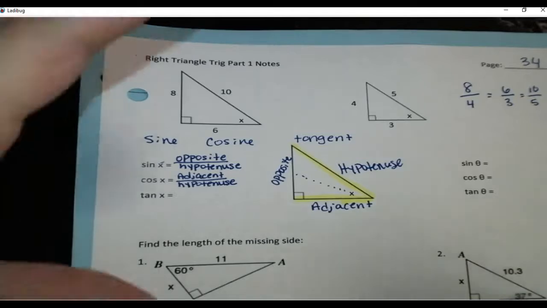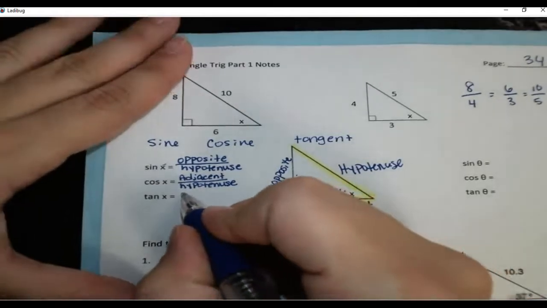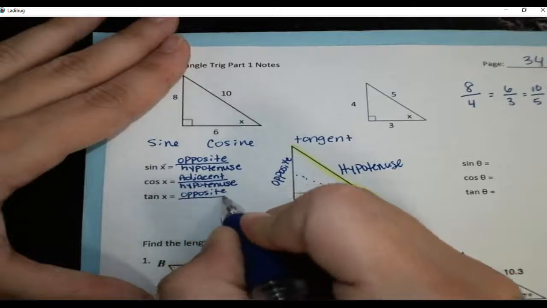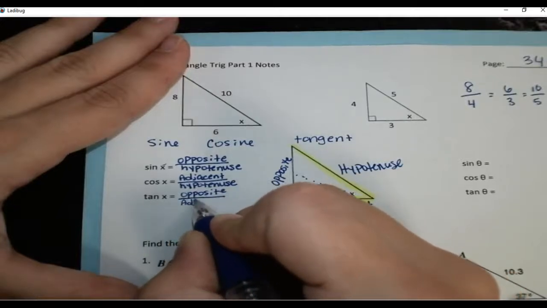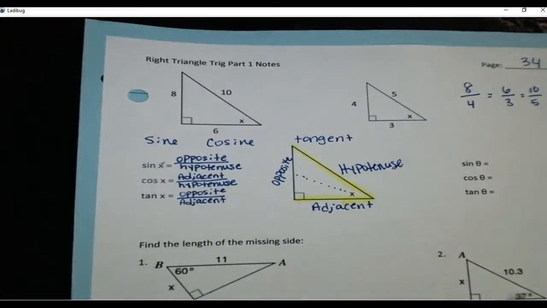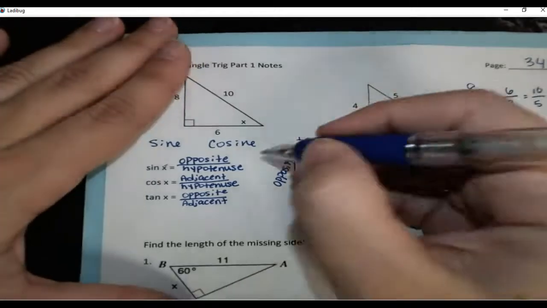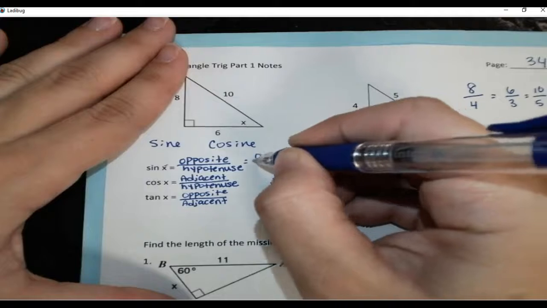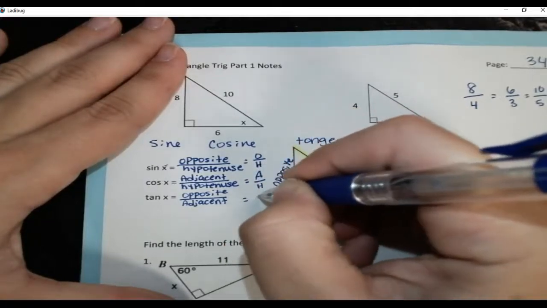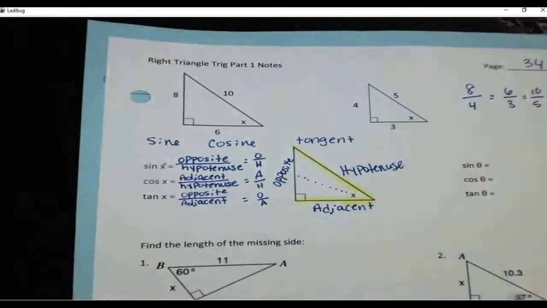And then tangent is always opposite over adjacent. Usually I'll just shorten them to O over H, A over H, and O over A.